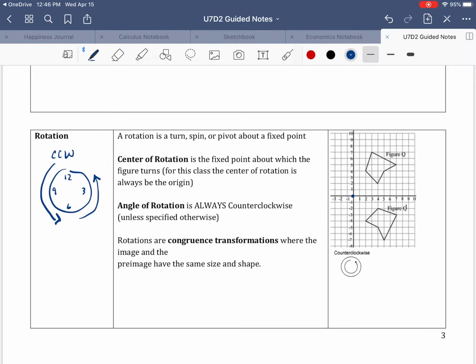What you'll realize is of the 4 transformations we discuss, dilations are the only ones that are not congruence transformations, right? Dilations become bigger or smaller, so their size does change. But otherwise, our translations, reflections, and rotations are all congruence transformations. They do not change their size or their shape.